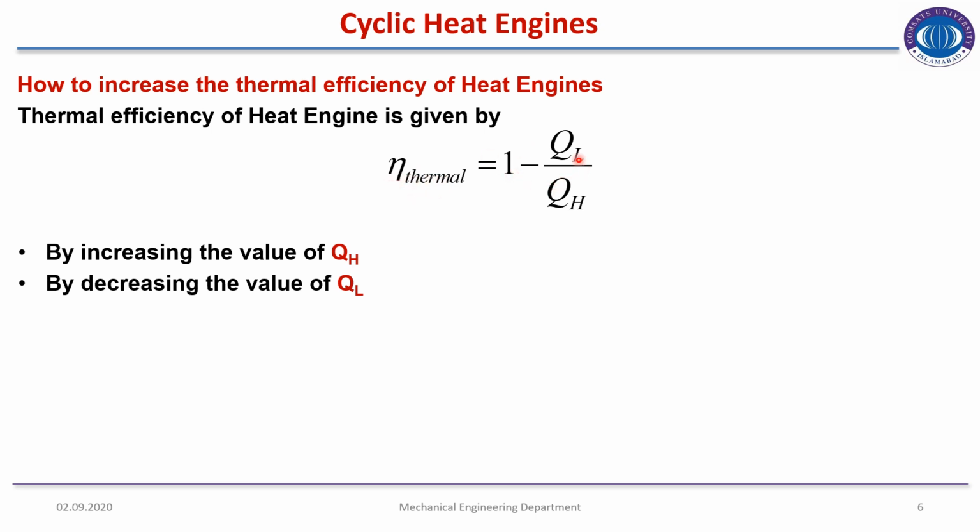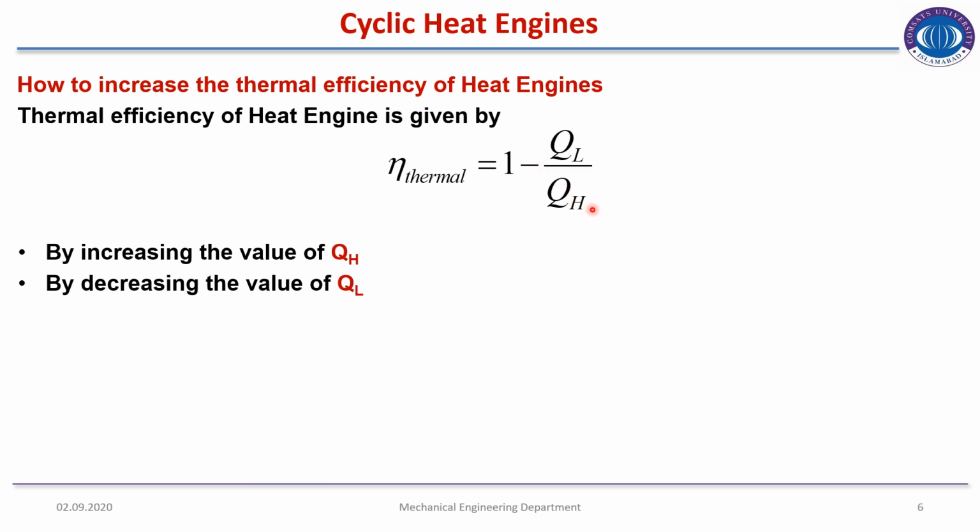So the term on the right hand side is reducing the 100% efficiency, 1 minus QL divided by QH. So the first method to increase the thermal efficiency of a heat engine is to increase the value of QH that is in the denominator. So the main goal is to reduce that term that is deducting from 1.